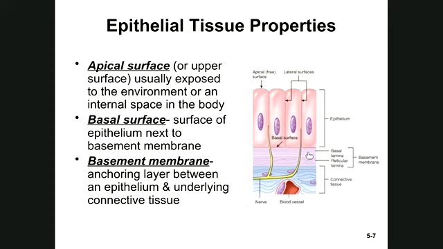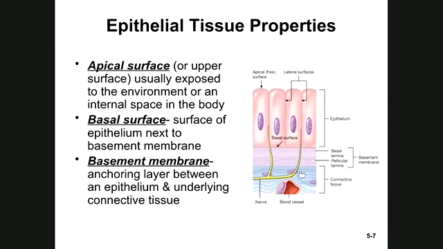Each cell contains two lateral surfaces which are in contact with the neighboring cells, and the basement membrane is an anchoring layer between the epithelium and the connective tissue beneath it.